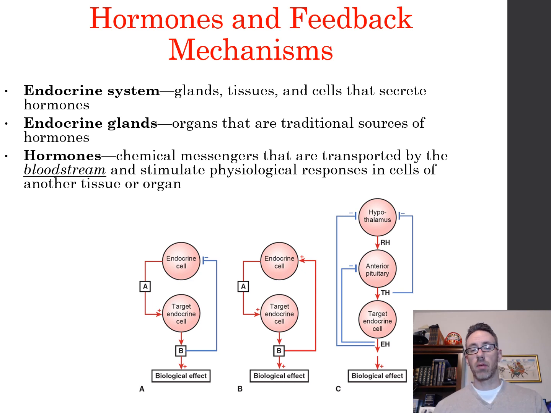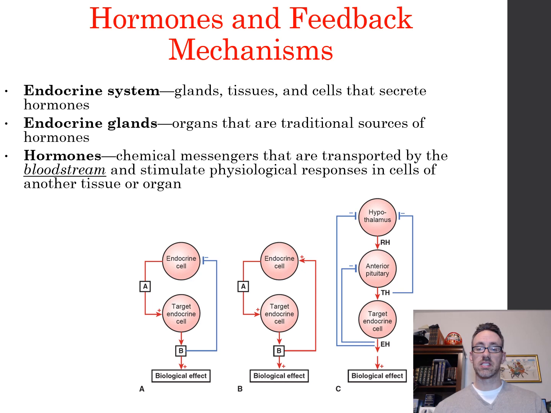Over here, we can also have complex responses. So when we get to this more specific example, this is showing you the hypothalamus communicating with the anterior pituitary, which then communicates with target endocrine cells. The hypothalamus, located in the brain, can release its hormone here, which is just labeled as RH, releasing hormone, for example.